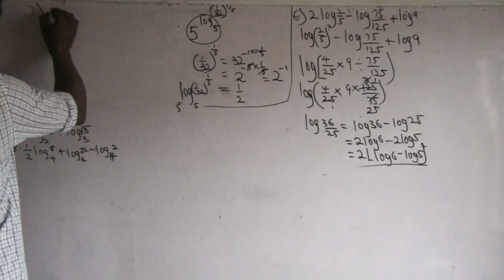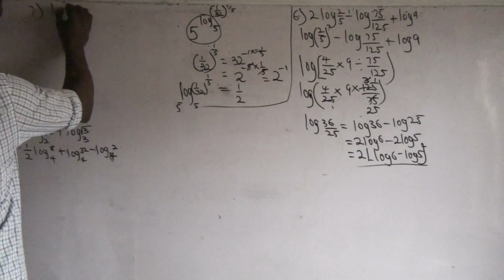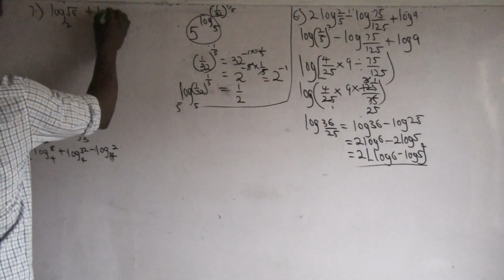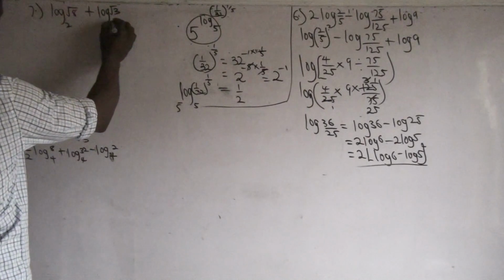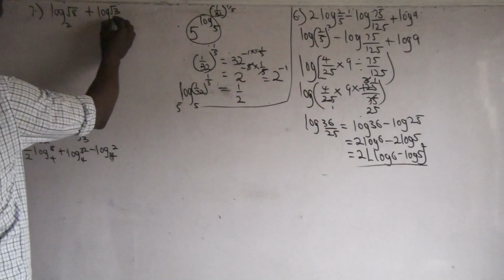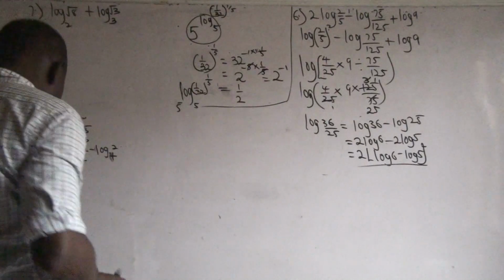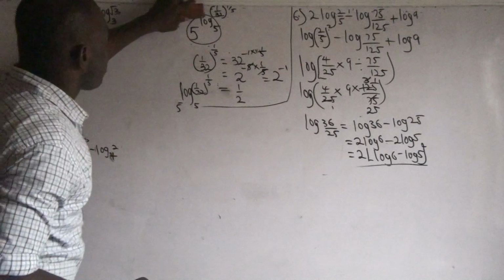Question 7 is log root 8 to base 2 plus log root 3 to base 3. So we should resolve this. It's a very good question. Okay, let's look at how to resolve these questions.